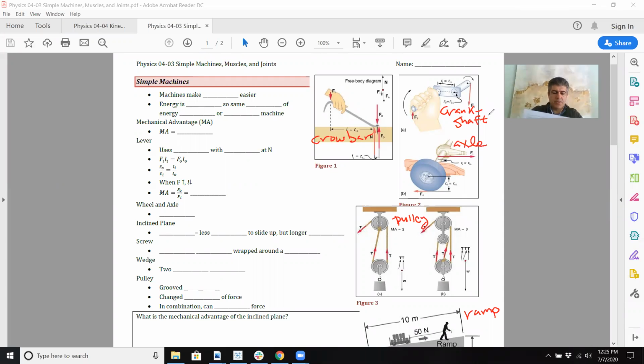But the whole point of machines is that it makes work easier. Machines will make work easier to do. Energy is conserved. So same amount of energy with or without the machine. Mechanical advantage is defined as that where FO stands for output force.